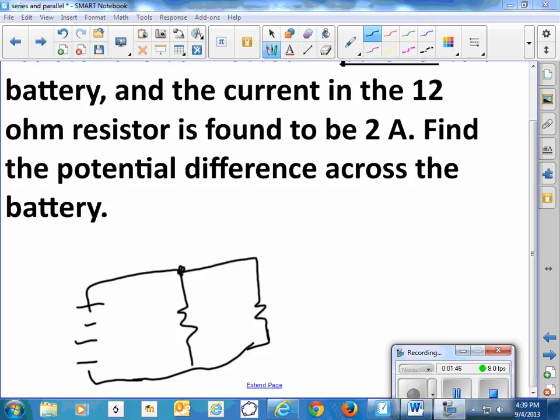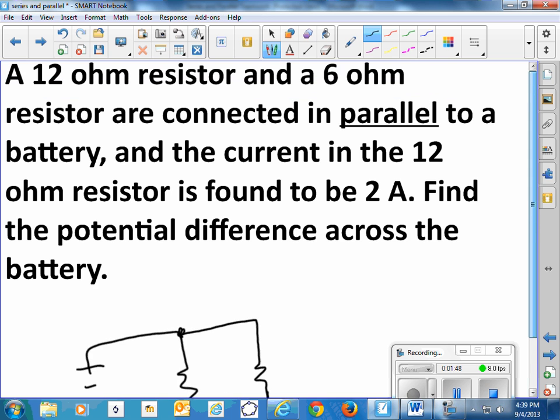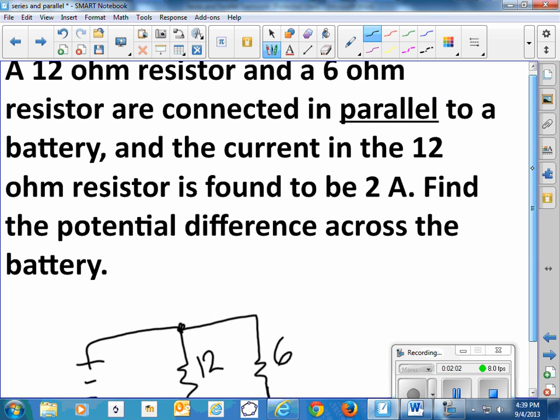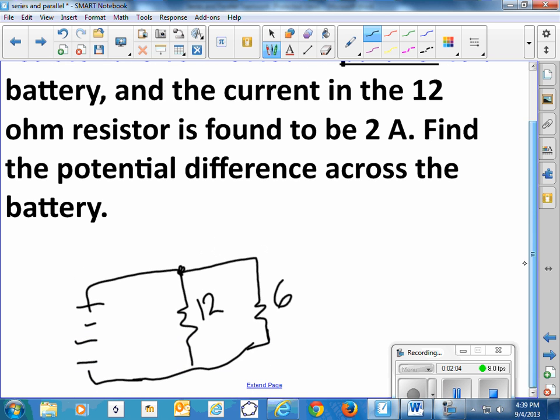Okay, so one of these resistors is 12 ohms and one is 6 ohms. In the 12 ohm resistor we have 2 amps flowing. So we know that going down through this resistor we have 2 amps.